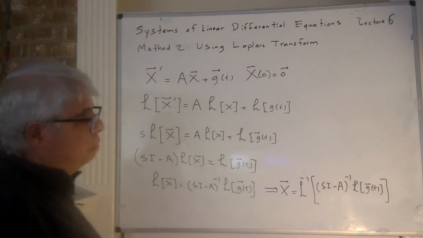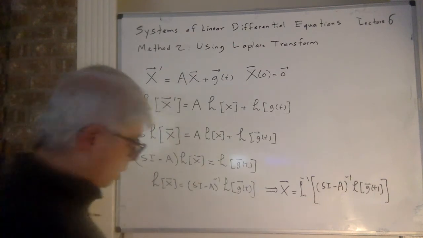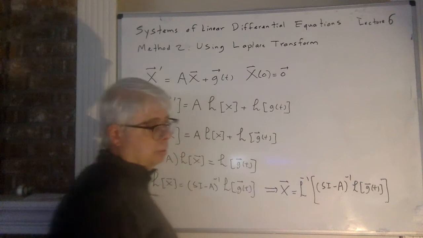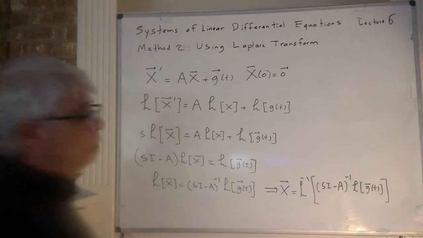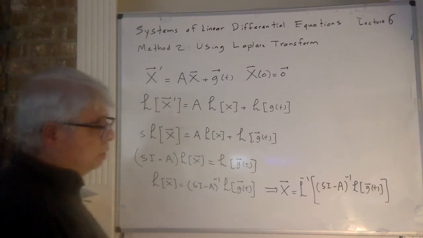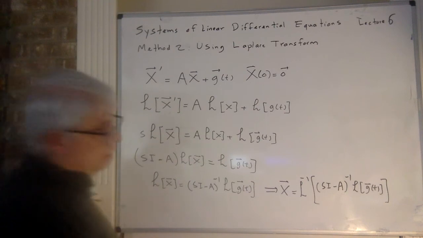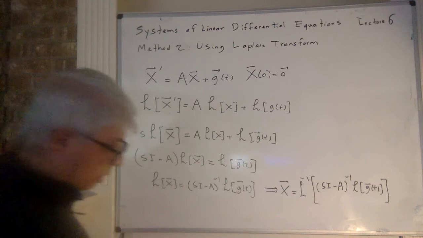The only thing I have to do is find the inverse of a matrix which has a variable s. It's easy when you have 2 by 2, but more than 2 by 2, definitely you can use Mathematica or some program to explicitly find that sI minus A inverse. Another thing you see, that looks like that formula, determinant of A minus lambda I.